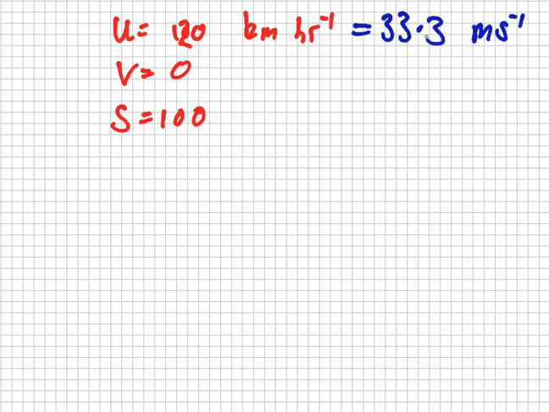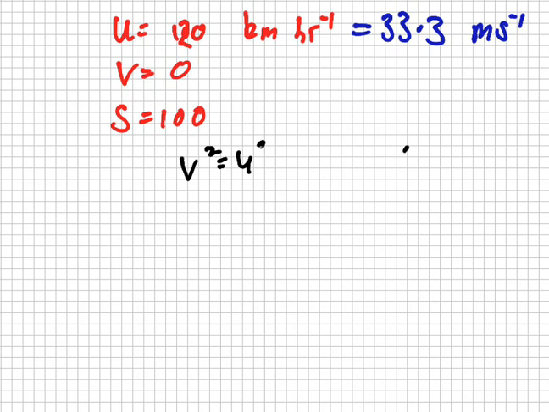I could use this one, because I know the V, I know the U, I know the S, so I can get the A. That might be it. So, let's see what happens.